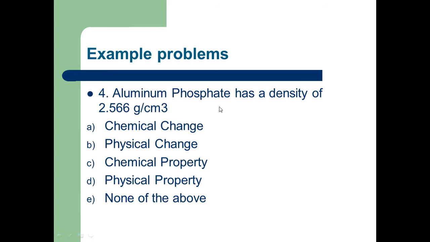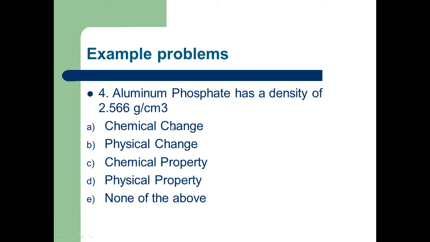All right, aluminum phosphate has a density of 2.566 grams per centimeter cubed. If you remember density, and if that was a chemical or physical, your options still are the changes versus property. Density is a property of matter. You're not changing it, okay? Density is something unique to every substance.